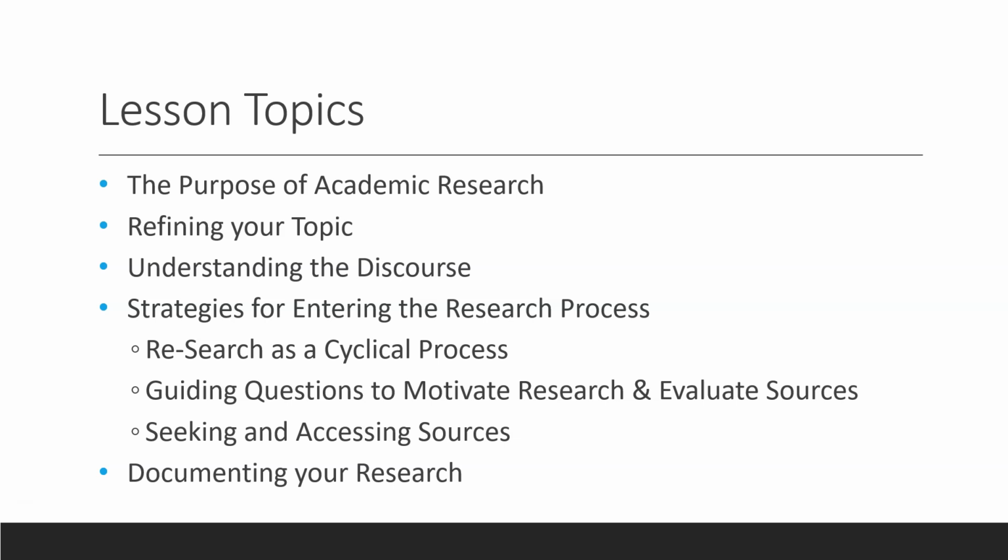It's not just a linear process. We don't go straight from research question to valuable sources, synthesis, and argument. Instead, we're always re-questioning and researching. That prefix re is really the most meaningful aspect of the concept of academic research.